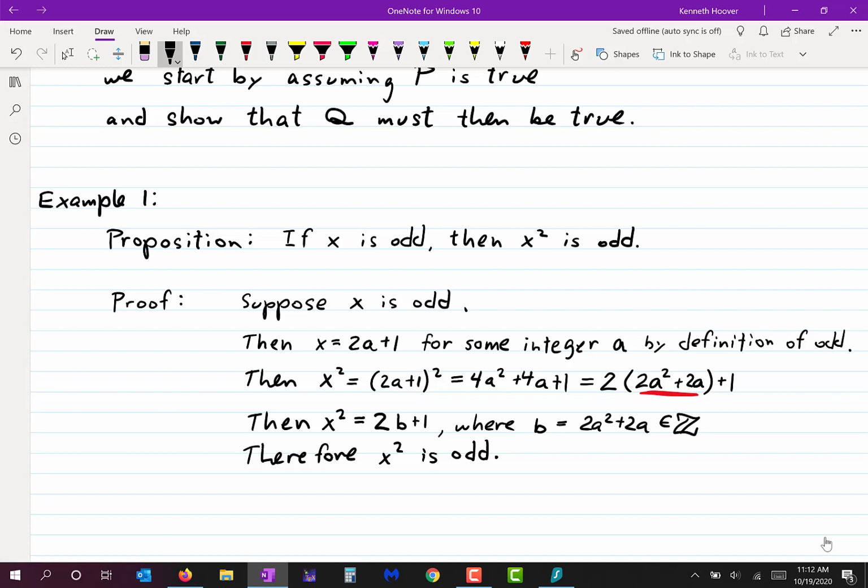Do I need to prove that 2a squared plus 2a is an integer? No, that's very similar to the basic algebra thing. You can take it as accepted that the person reading this knows that the set of integers is closed under multiplication and addition, and that if a is an integer, then so is 2a, and so is a squared, which means 2a squared is. And since 2a squared is an integer and 2a is an integer, then 2a squared plus 2a is an integer.